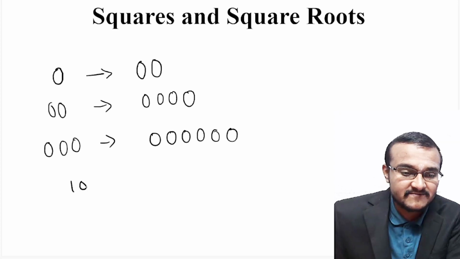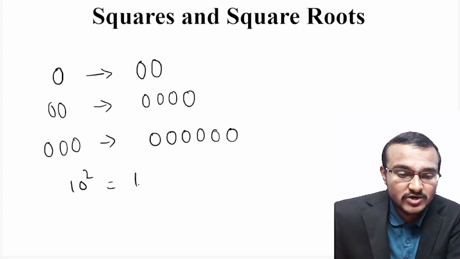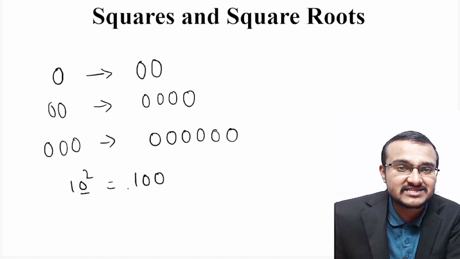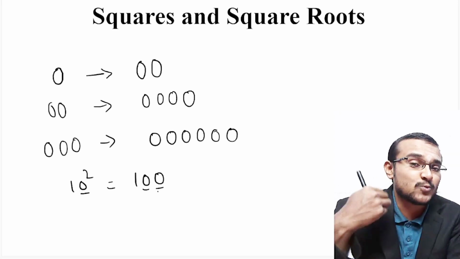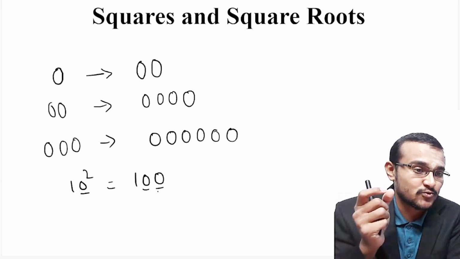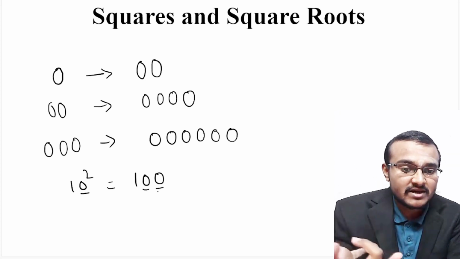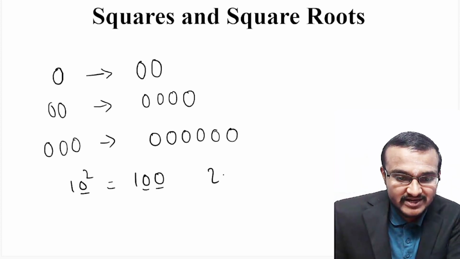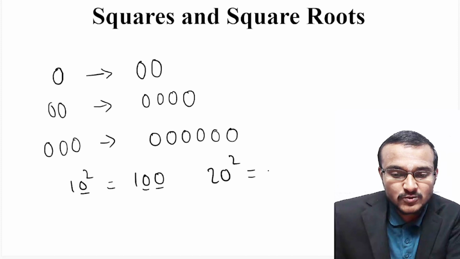If 10 is there, then 10 square will be equal to 100. Now you can see 10 has only 1 zero in it, but 100 has 2 zeros in it. So the moment you take the square of a number which has only 1 zero, the square contains 2 zeros. Similarly, if you take 20 as an example, 20 square will be 400.